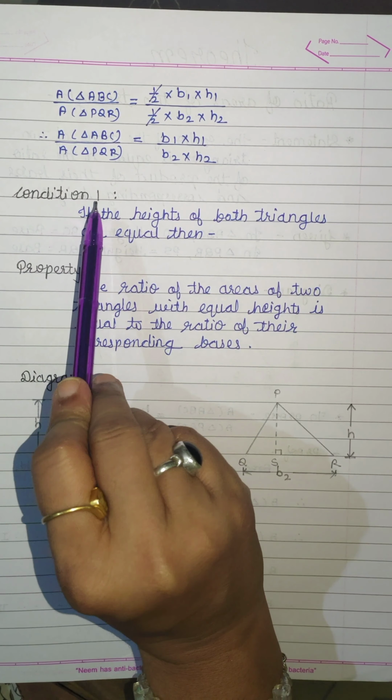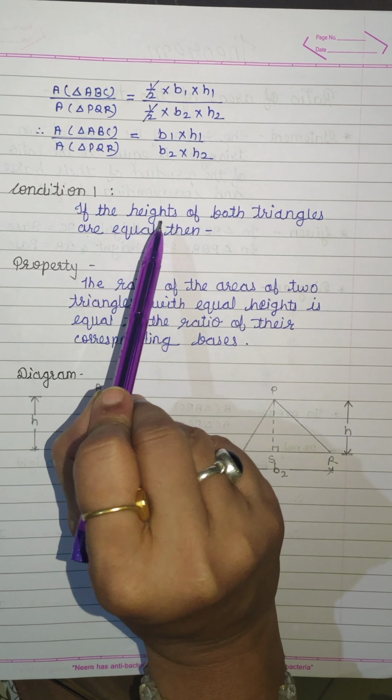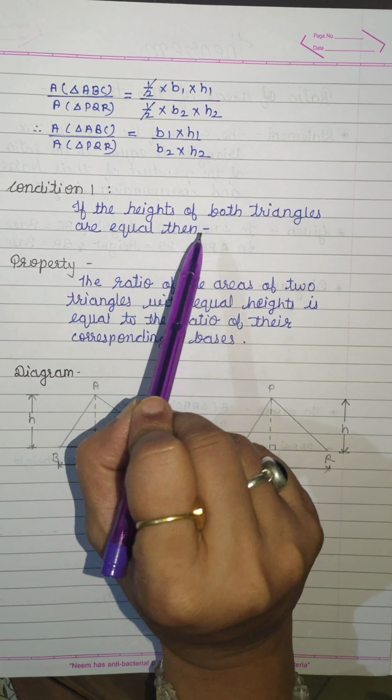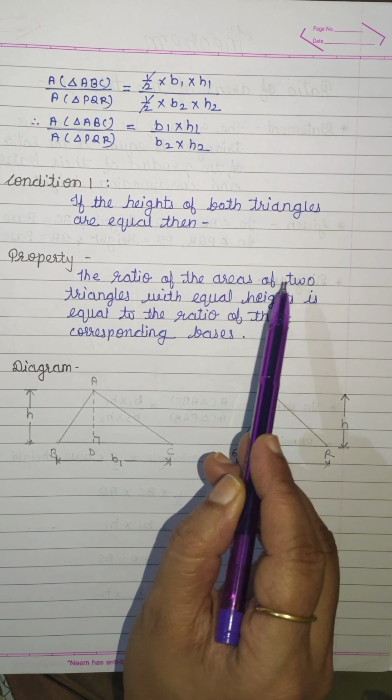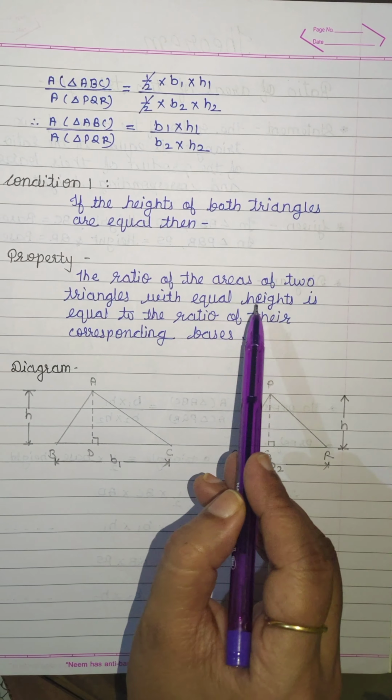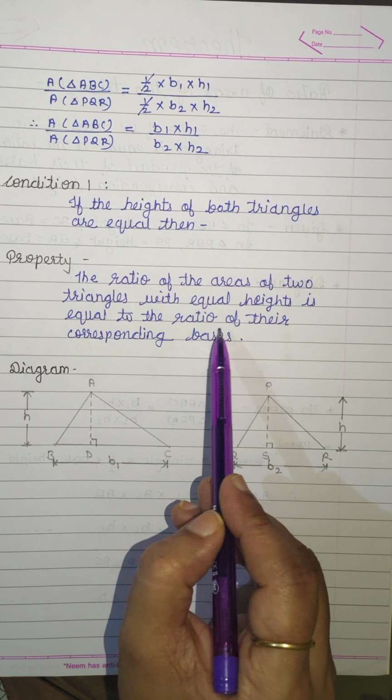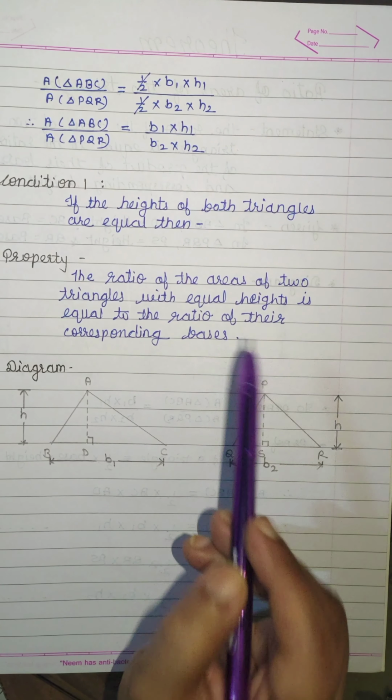Now we will see the first condition. If the heights of both triangles are equal, then the property is: the ratio of the areas of two triangles with equal heights is equal to the ratio of their corresponding bases.